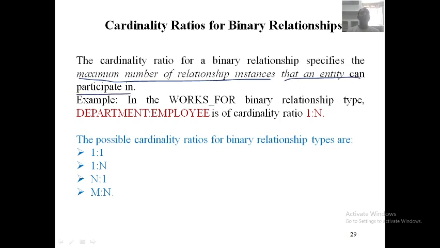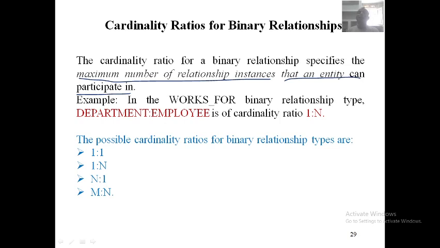The cardinality ratio of a binary relationship specifies the maximum number of relationship instances. Maximum number. Okay, how many employees can work for a department?